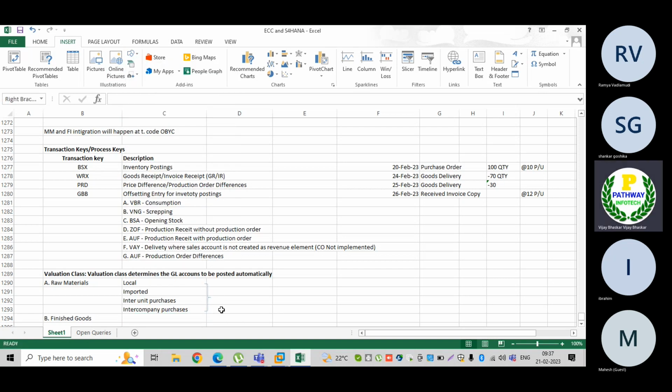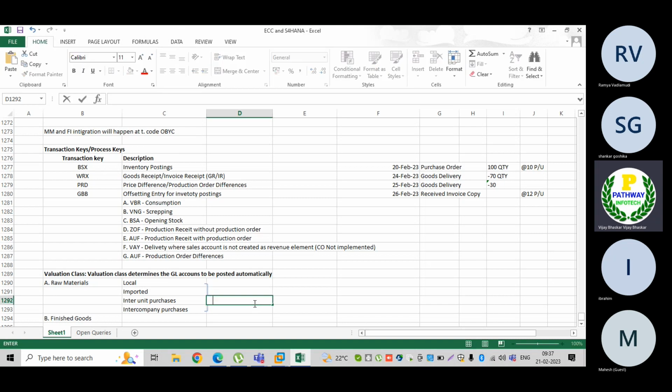For all raw materials you may have, let us assume, one valuation class, or material wise we can have a separate valuation class.